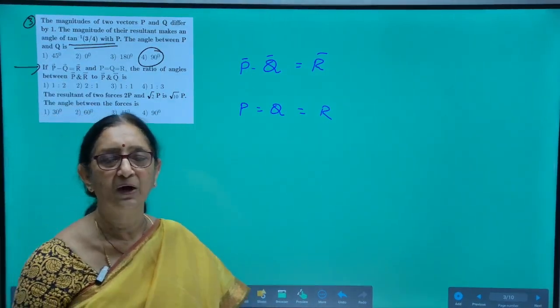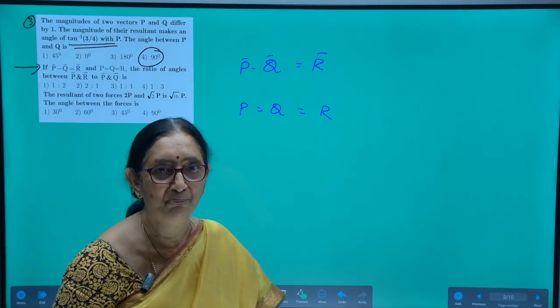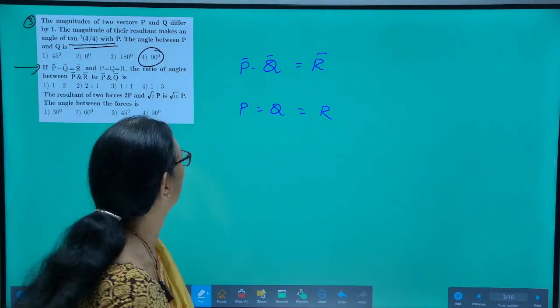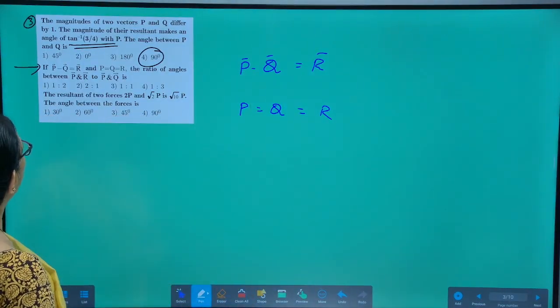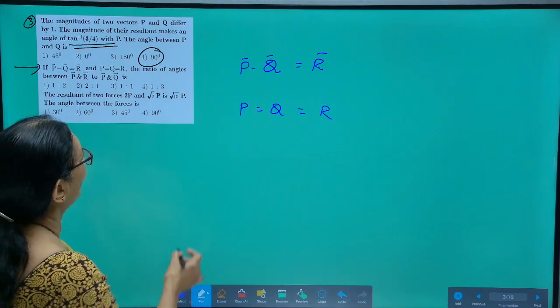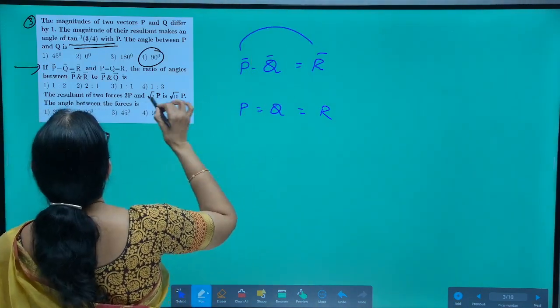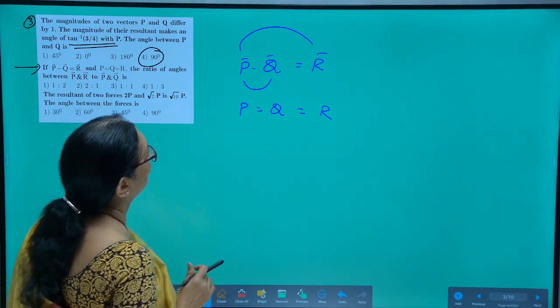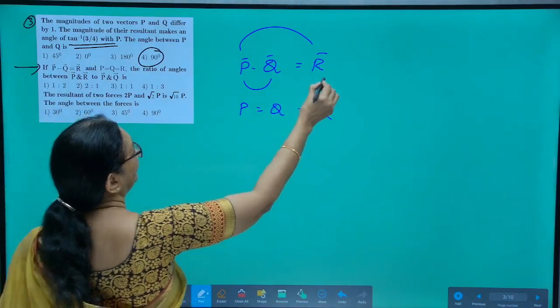All of them are of the same magnitude and the difference is equal to R bar. So, the ratio of angles between P bar and R bar, and P bar and Q bar. What can we say from this?